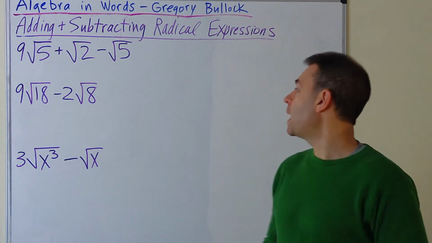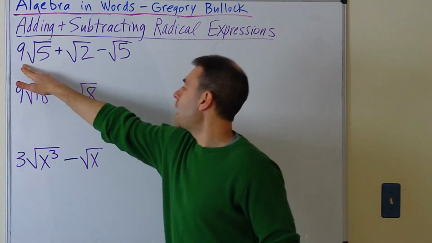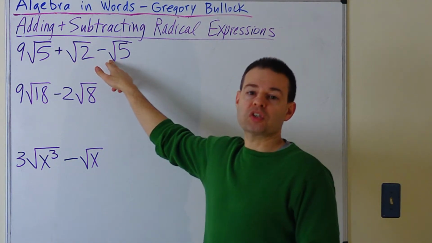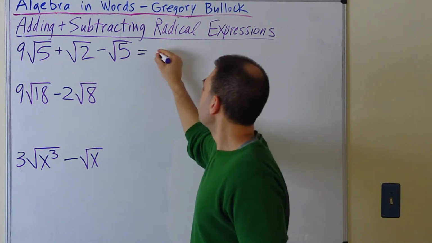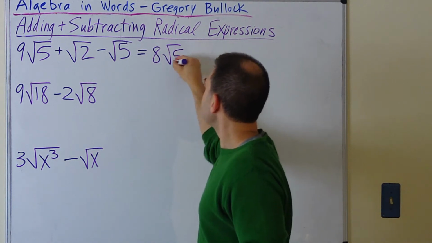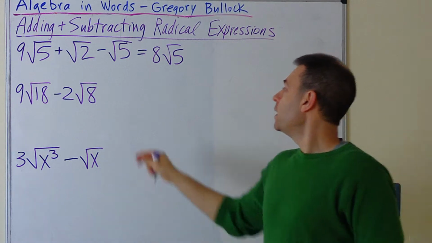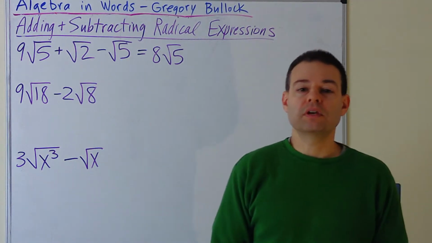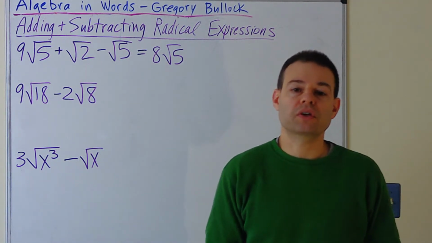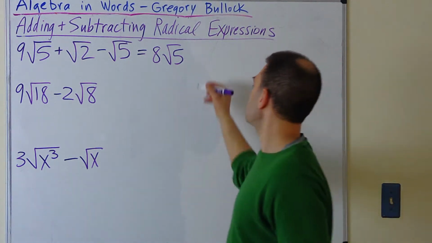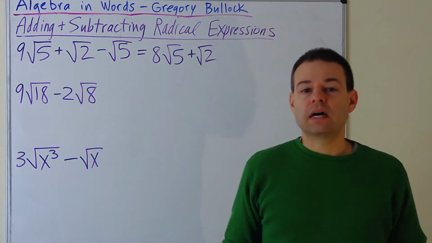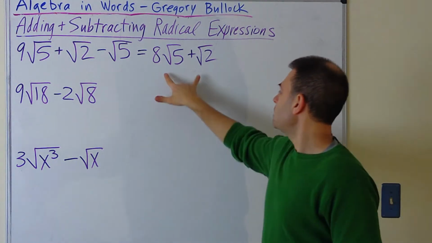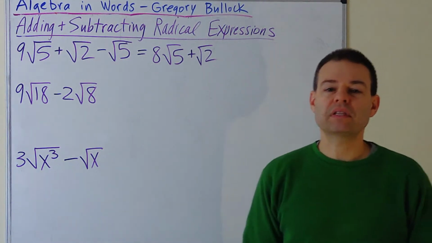So we can combine them by 9 minus the unwritten coefficient 1, which gives us 8 square root of 5. And the square root of 2 has no like radical, so we just rewrite that as plus square root of 2. And that's done. Is there any proper order that these need to go in? No, I think that's pretty much good enough.